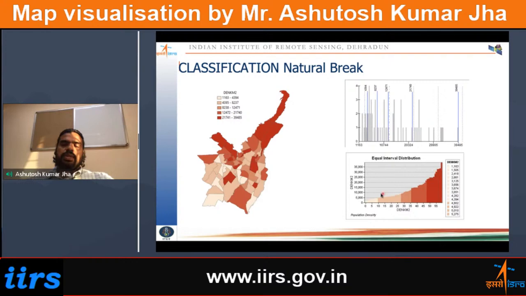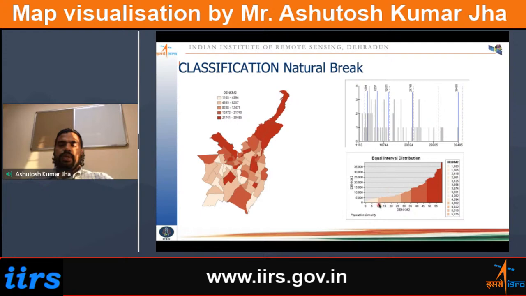As you can see, 5 different classes have been created from the histogram available for all these different polygons. So these attributes have been categorized into 5 groups. The range is being shown over here.